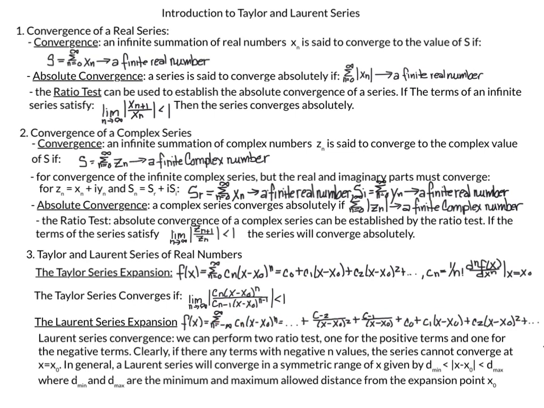However, I will note that we are not given in this chapter the formula for the c_n of the Laurent series, so we don't know yet how to calculate the c_n when n is negative. But we'll do that in probably the next chapter or two. And we'll introduce the Laurent series and talk about its convergence. So that's our review. Let's start now in our topics by looking at convergence of a real series.